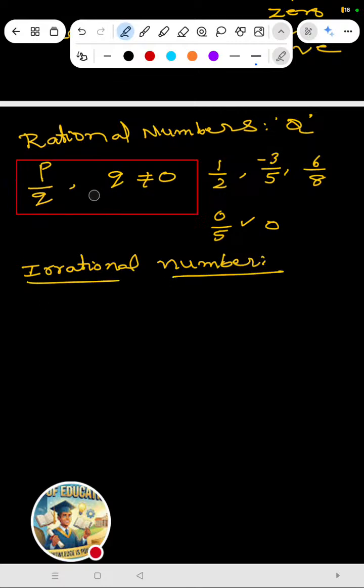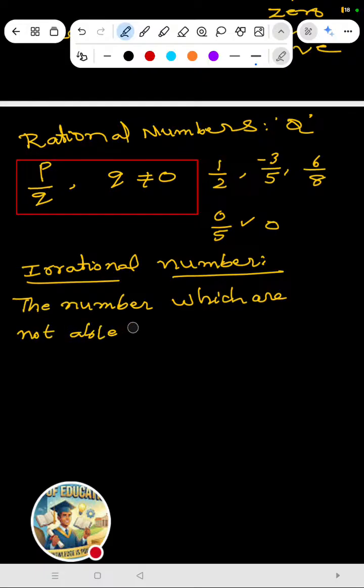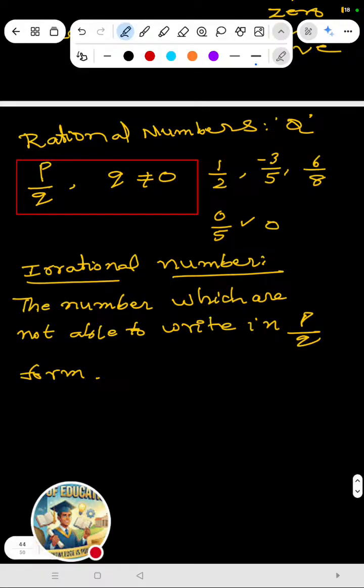We can simply say irrational numbers are the numbers which are not able to be written in p by q form.